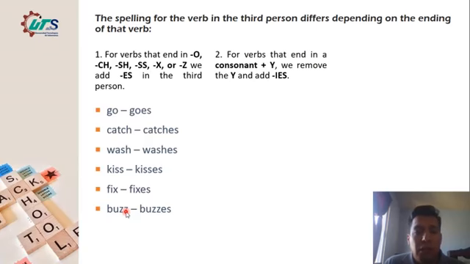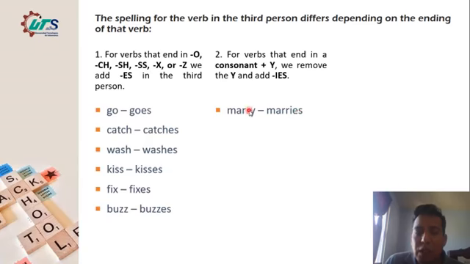We have the second rule, for verbs that end in a consonant and a y. We remove the y and add ies. Marry: it ends in a consonant, the consonant r, and the y. We must replace the y with an i and add es.